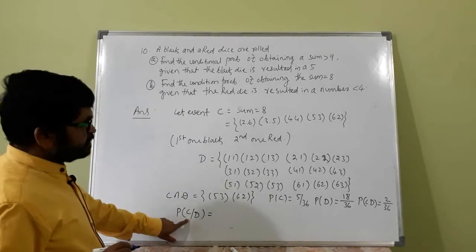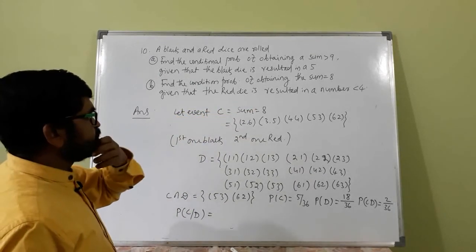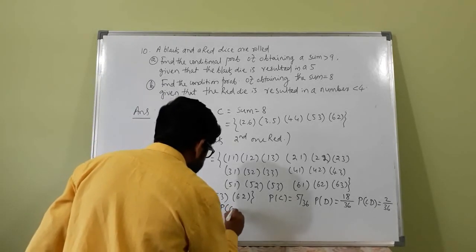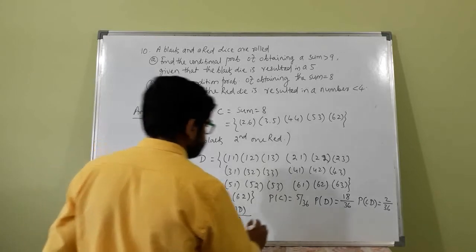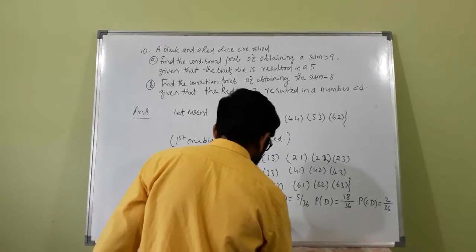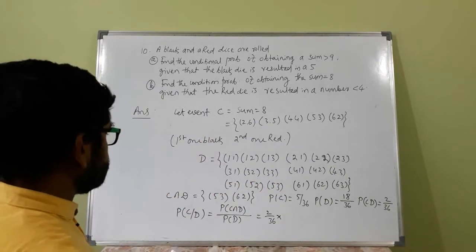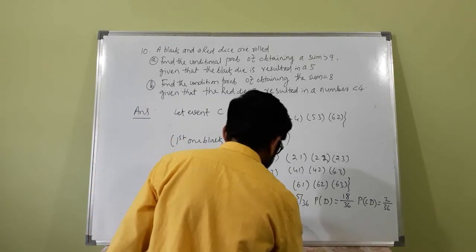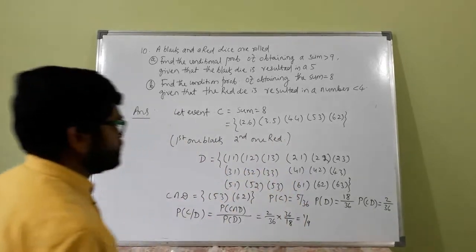So probability of C intersection D divided by probability of D: 2 by 36 divided by 18 by 36, which is 1 by 9.